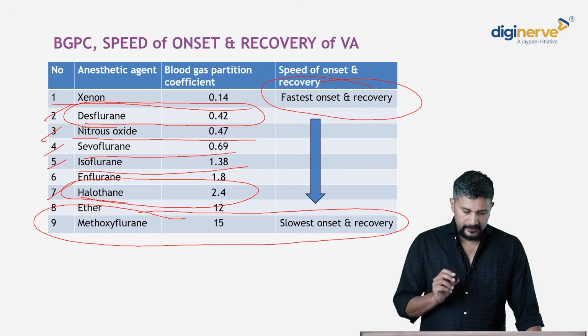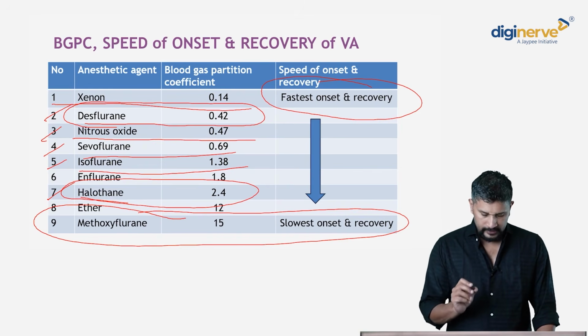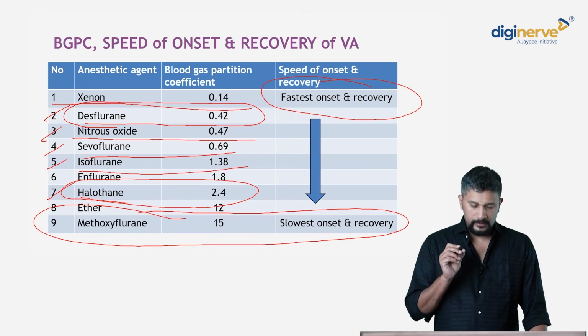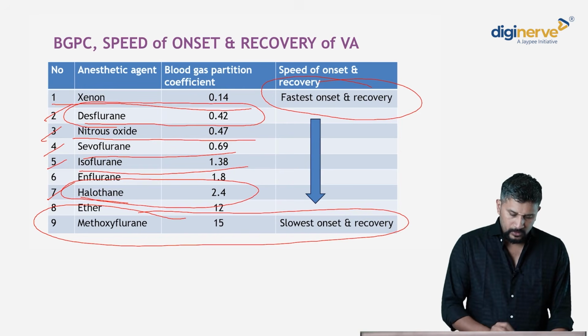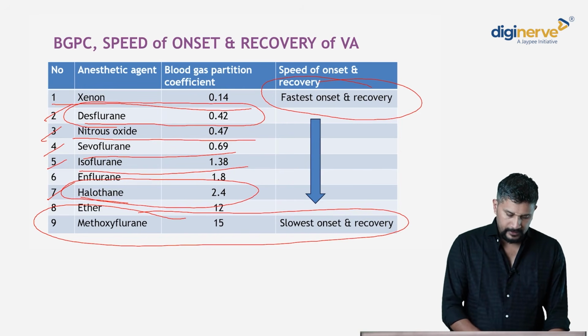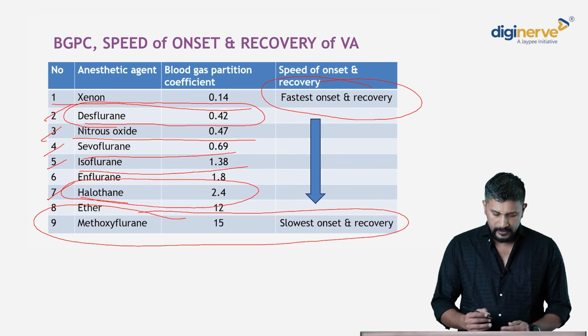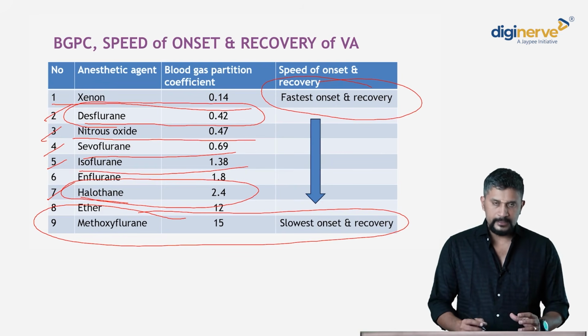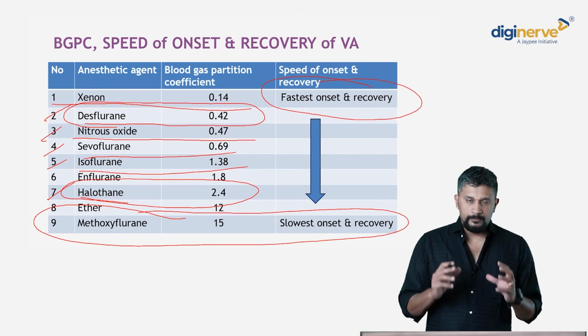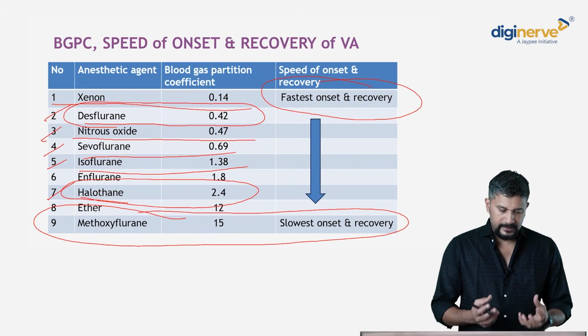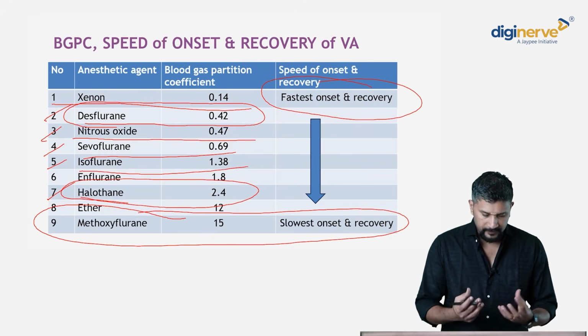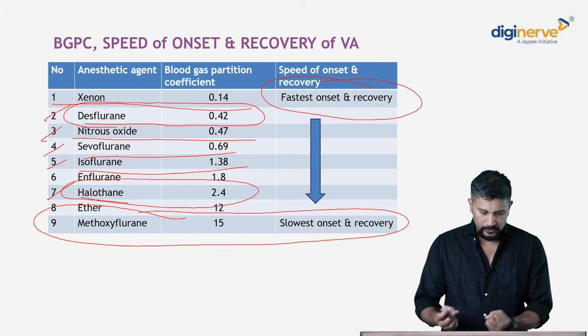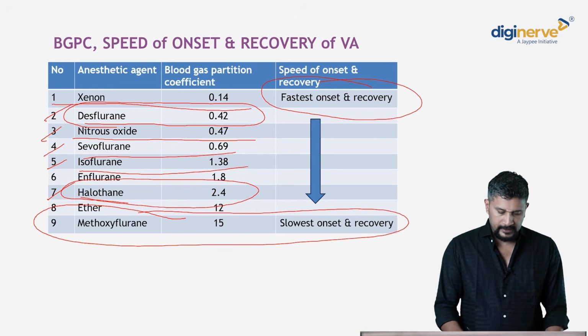Methoxyflurane with the blood gas partition coefficient of 15 has the slowest onset and recovery. The more commonly used ones today, like your desflurane, sevoflurane, isoflurane, and halothane, come in between these two, and all of these are halogenated compounds. These are the ones which are presented to us as a liquid, and they vaporize, producing a gas which is used to maintain your anesthetic levels.